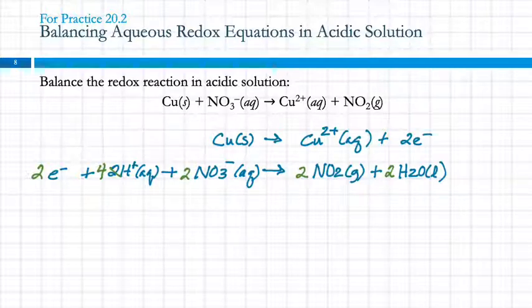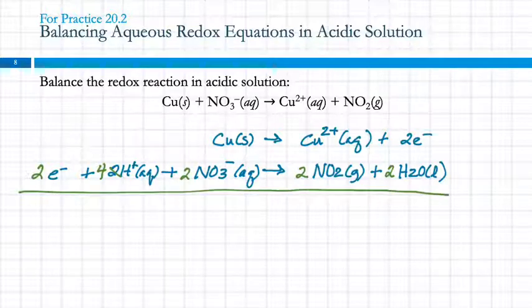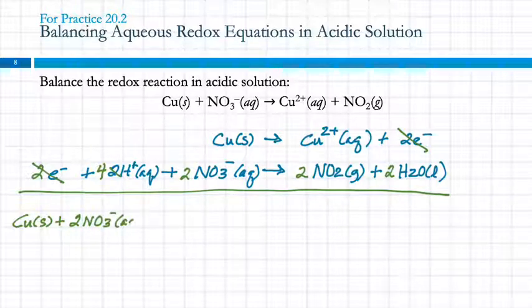So I got my electrons to be equal, and now I can add these together. I lost 2 electrons there and gained them back here. They got transferred. So I've got solid copper, and I'm going to have 2 nitrate ions and 4 hydrogen ions.